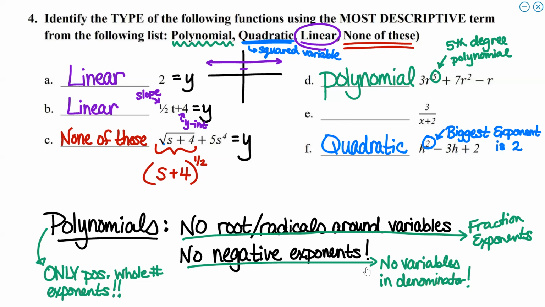So what about E? Why is it none of these? Has a variable in the denominator. It can't be simplified any further than it already is, and there's a variable in the denominator. So this guy right here is why it is not a polynomial.